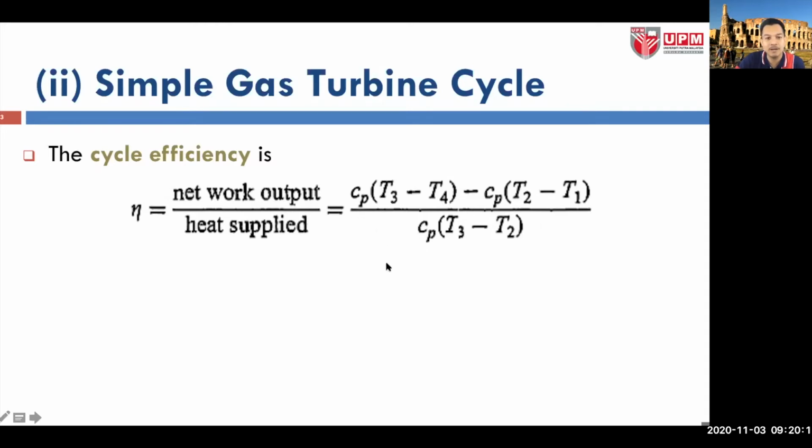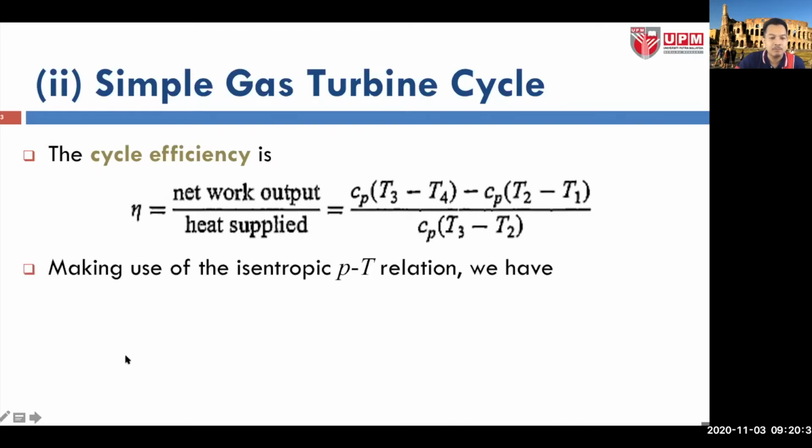This is divided by the heat supply. This is the situation at the combustion chamber, where we have the specific heat at constant pressure times the temperature difference between the combustion chamber outlet and the combustion chamber inlet.